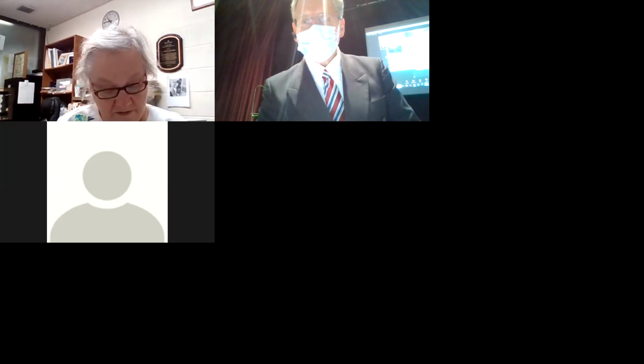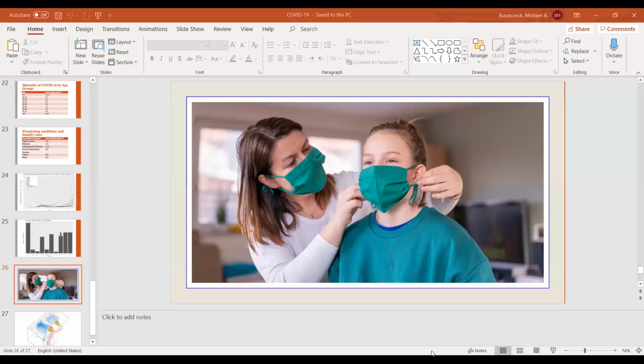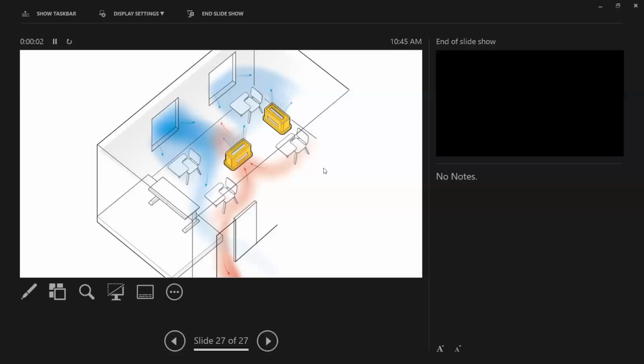Well, this illustrates how we can dilute the virus. We can ventilate our domiciles, and we can dilute the virus.